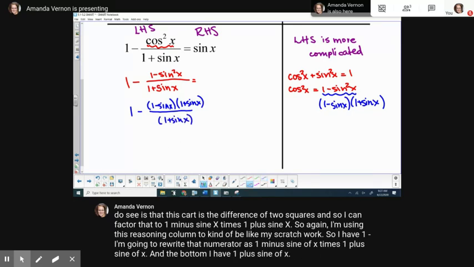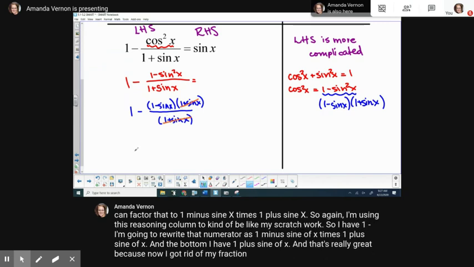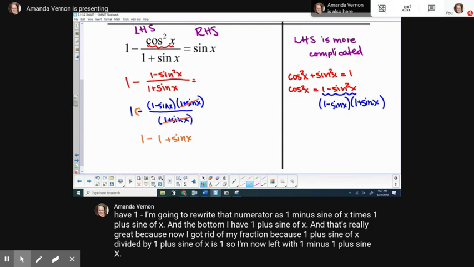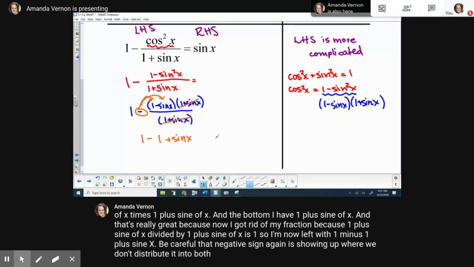And that's really great because now I got rid of my fraction because 1 plus sine of x divided by 1 plus sine of x is 1. So I'm now left with 1 minus 1 plus sine x. Be careful, that negative sign again is showing up where if we don't distribute it into both terms, we're going to break some rules and our proof is not going to end up working out.